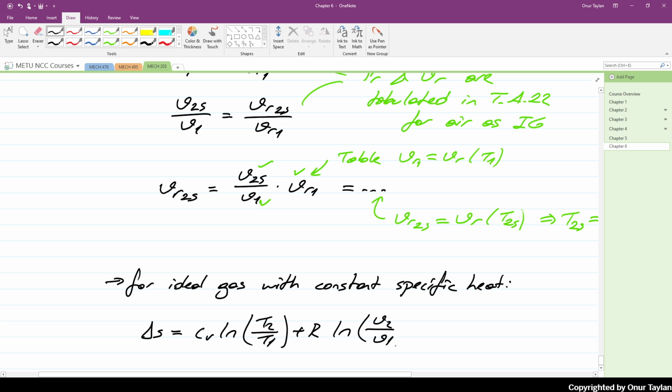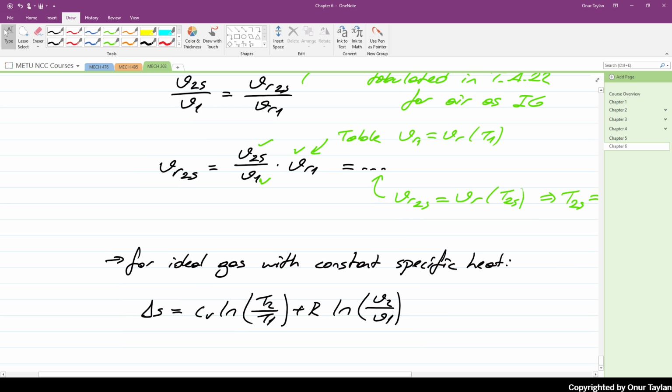This is for an ideal gas with constant specific heat. Cv is constant. It doesn't vary with temperature. So, since this is an isentropic process, delta s is equal to 0.